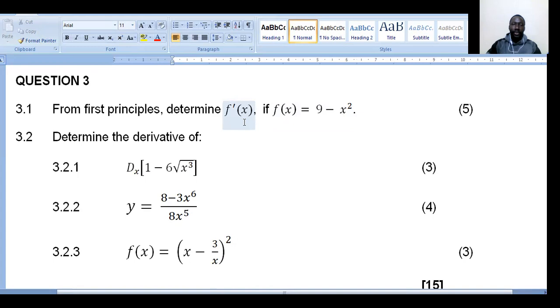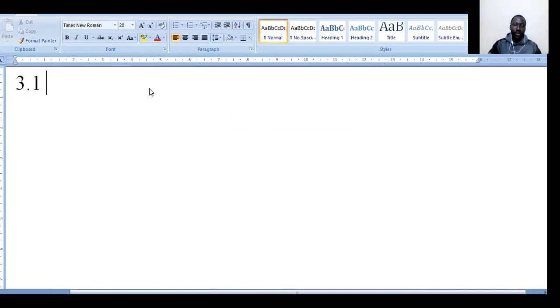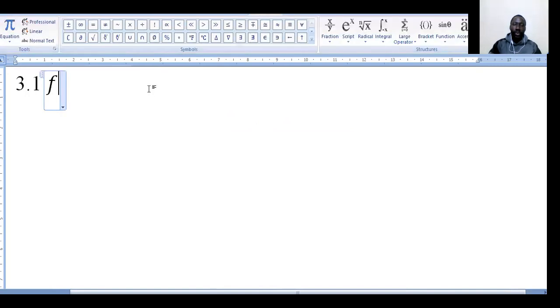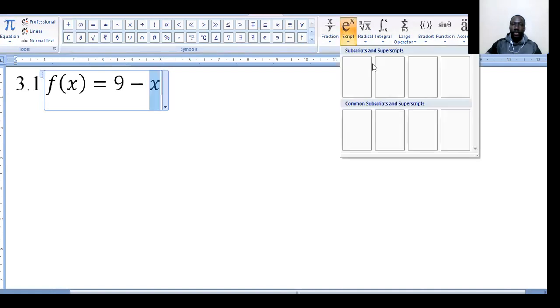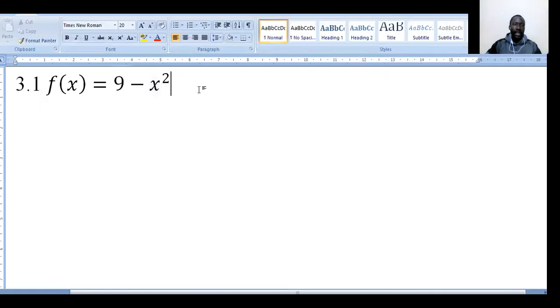And so for this, we can then write that since the function f of x is given as 9 minus x squared, to determine the derivative of this function, we use a formula.